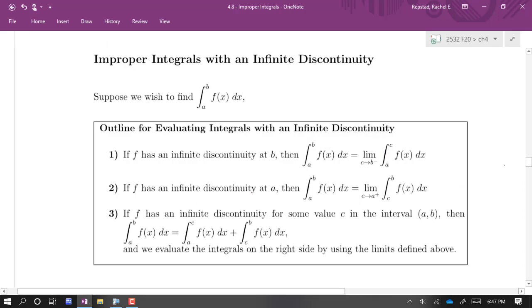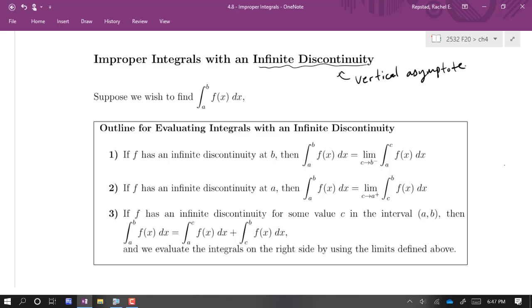All right, so the next thing we're going to look at are improper integrals that have an infinite discontinuity. Essentially, that means that there's a vertical asymptote, if you were looking at a graph of the function. Like there's some value in the interval of integration that makes the function blow up, either to positive infinity or negative infinity.